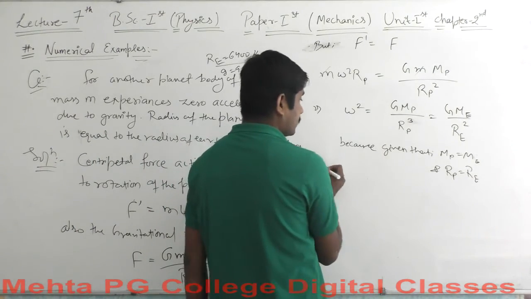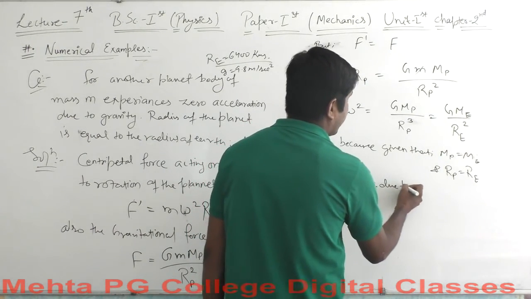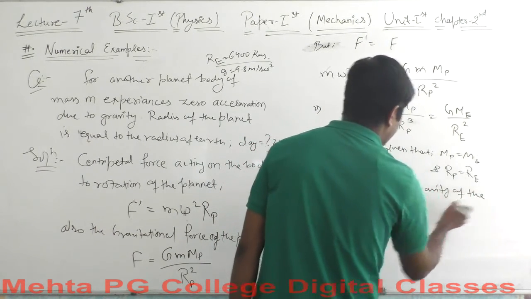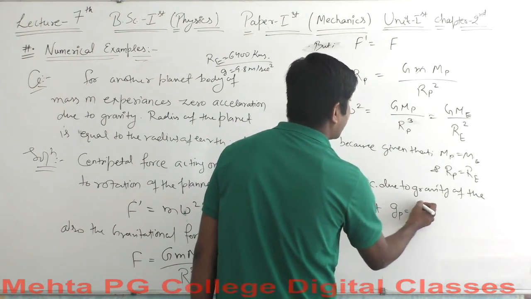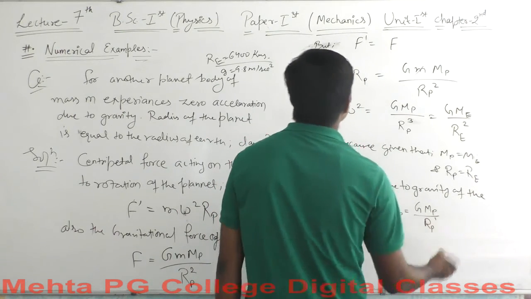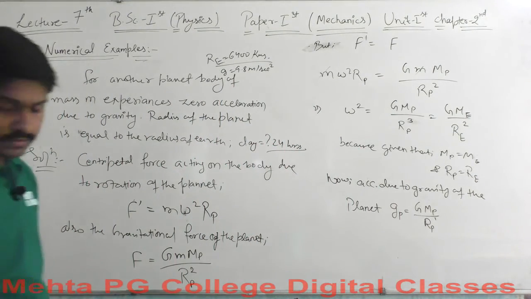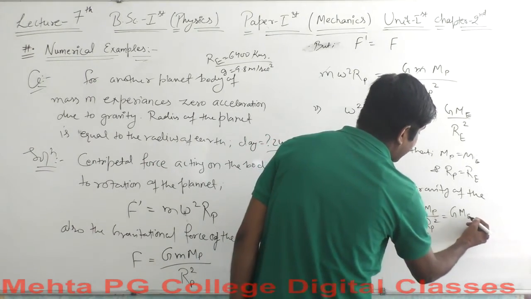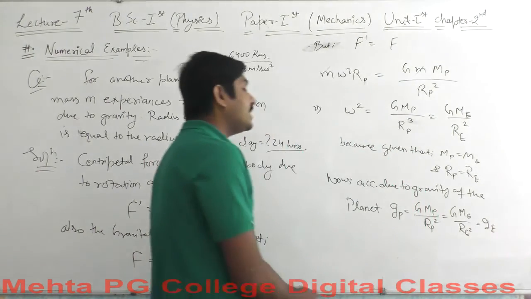Now the acceleration due to gravity of the planet, gp, is equal to G mp over rp square, which is equal to G me over re square, and that will be equal to ge.